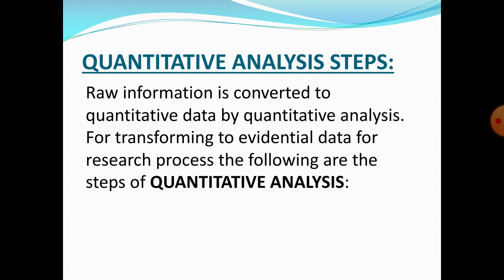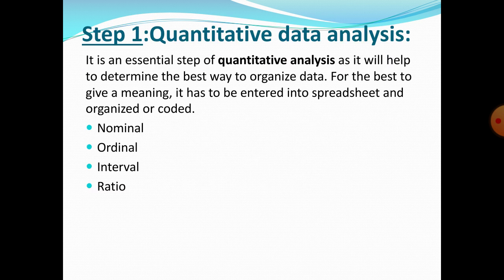Quantitative analysis steps. Raw information is converted to quantitative data by quantitative analysis. For transforming it to evidential data for the research process, the following are the steps of quantitative analysis. Step number 1 is quantitative data analysis.